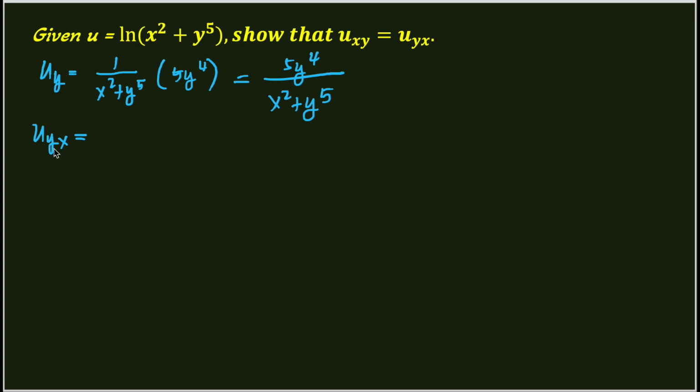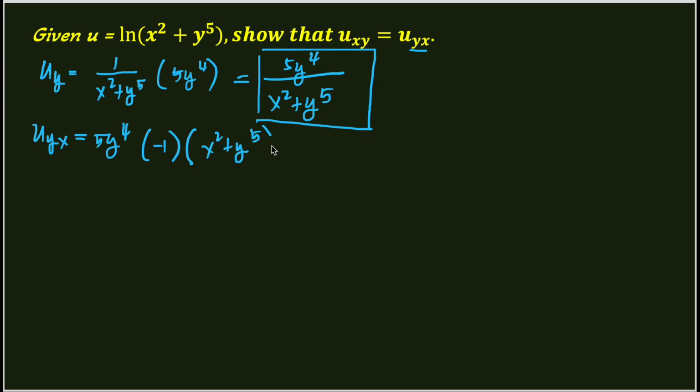So to get u sub yx, we need to get the partial derivative of this answer here with respect to x, because we are looking for u sub yx. So u sub yx now is equal to 5y to the fourth power times negative 1 times (x squared plus y to the fifth power) raised to negative 2 times the derivative of the inside function with respect to x, which is 2x.